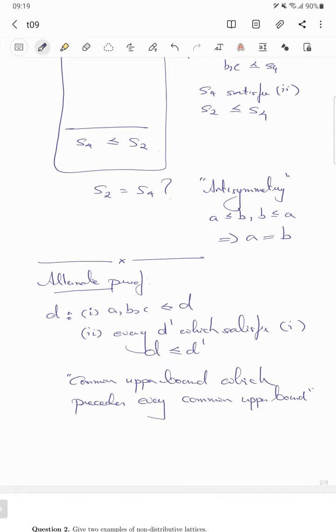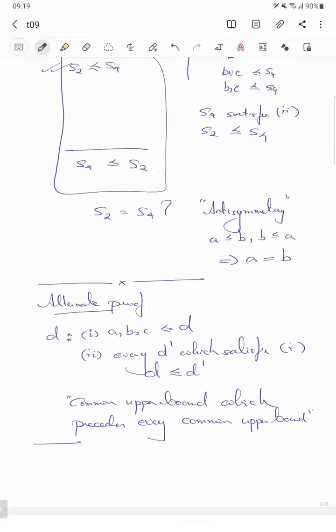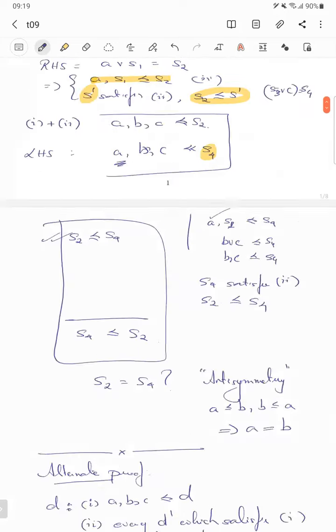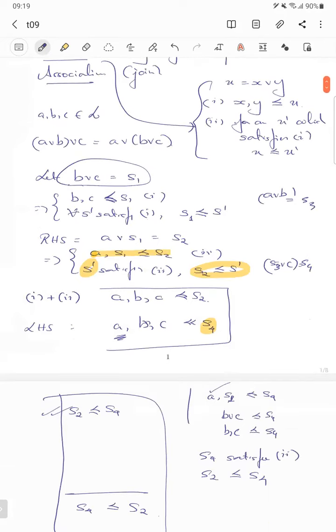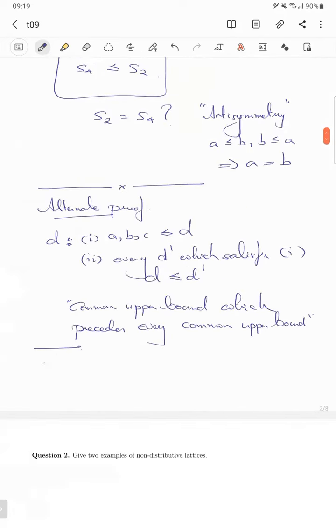This is something which I haven't proved, but I'm stating it, and I want you to finish the proof of question 1 by showing that both LHS and RHS are equal to this D. Show that LHS is equal to D as well as RHS is equal to D. Intuitively this is very clear, but try to prove it this way.